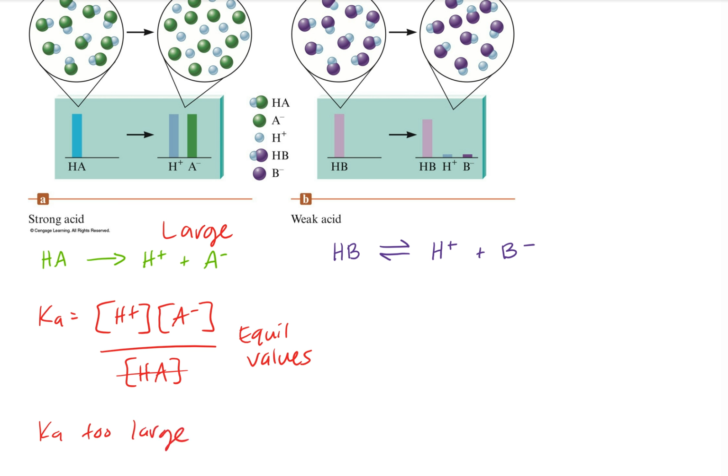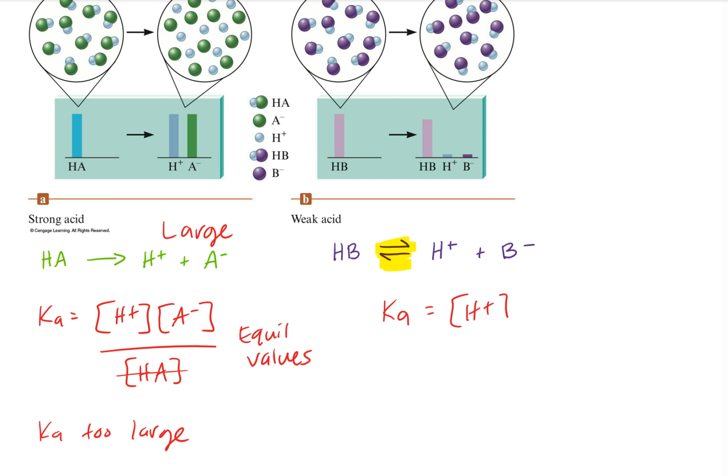Now let's compare that to a weak acid. So here we have HB, and I've drawn this differently. I've used a double arrow for this weak acid because this is going to be a reversible process. Your hydrogen ion and this B negative can reform that HB. I can also write a Ka expression for this weak acid HB.